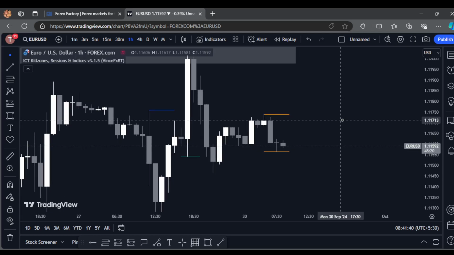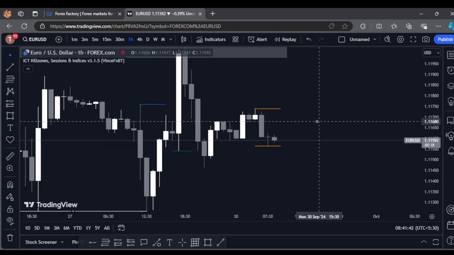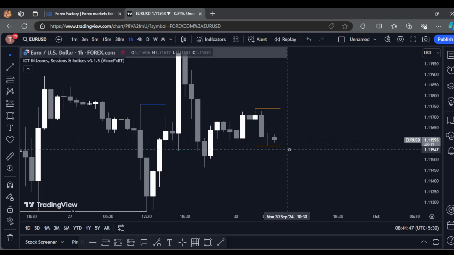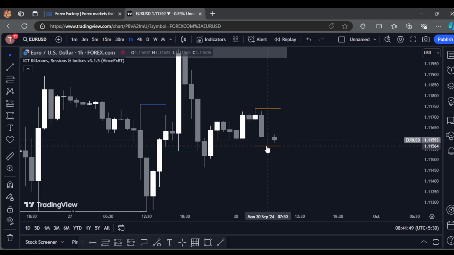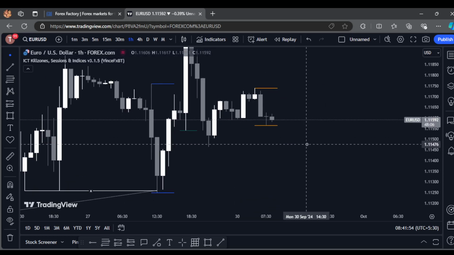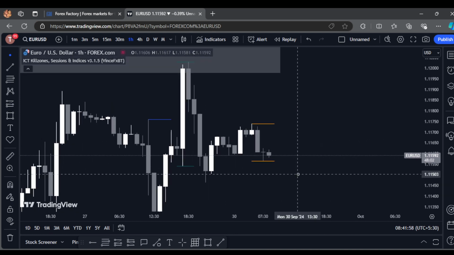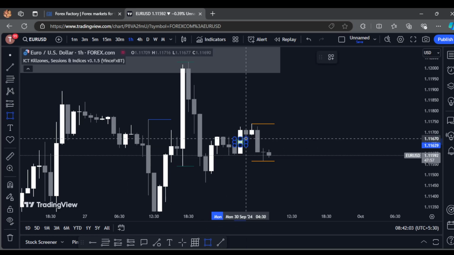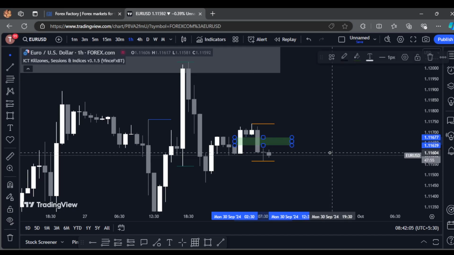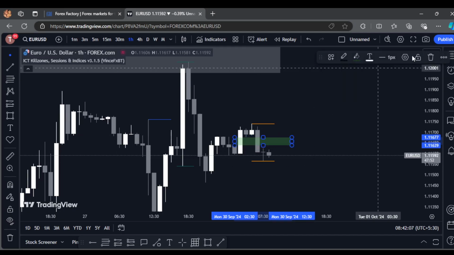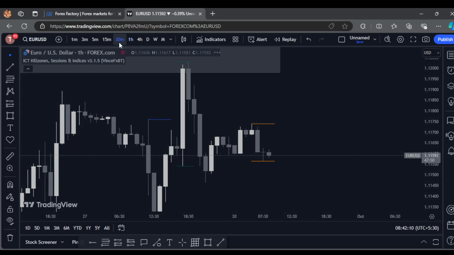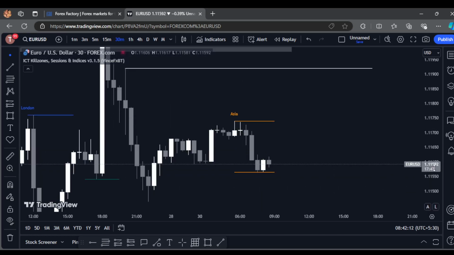But there is a confirmation I'll be waiting for into the price right now: if we close below the current Asia low, that is this candle, most likely we are going to continue our journey into the downward direction. Else not, we can go into the further upside direction. Counting in that we have formed a BPR right at this zone. So let's move to the 30 minutes to see what do we have in here.